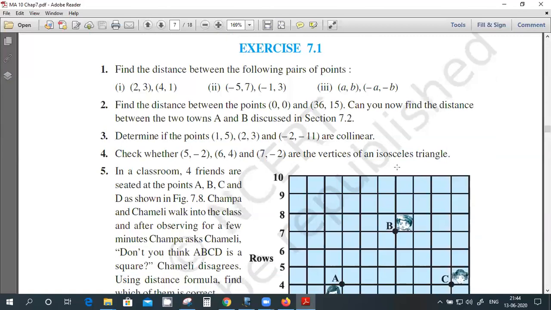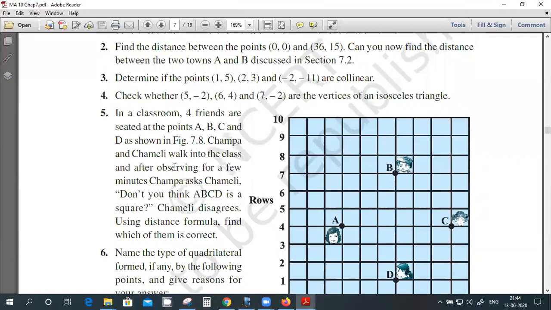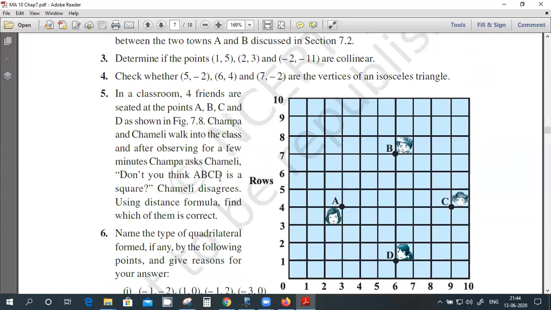In a classroom, four friends are seated at points A, B, C, D. So we have to find the distance from A to B, A to D, B to C and C to D, and then check whether all are equal or not.